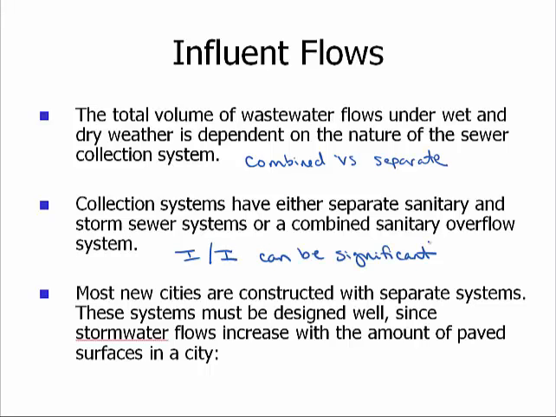To give you an idea, the average wastewater treatment flow in the city of Lawrence is 10 to 12 million gallons per day. But on a wet weather day, when we have storms, I&I can cause that to jump up to 50 or 60 million gallons per day. So 5 to 6 times the normal flow, and that's with a separate sewer system.